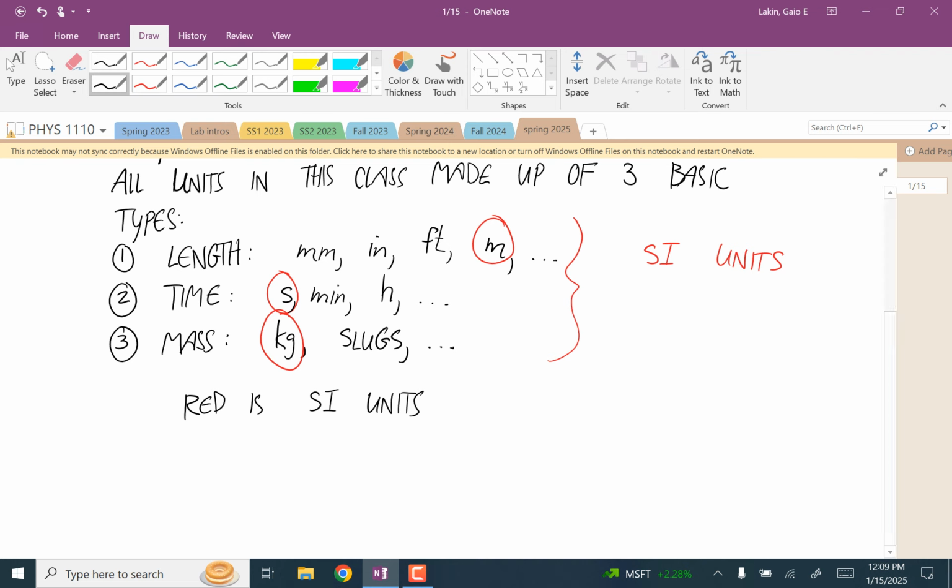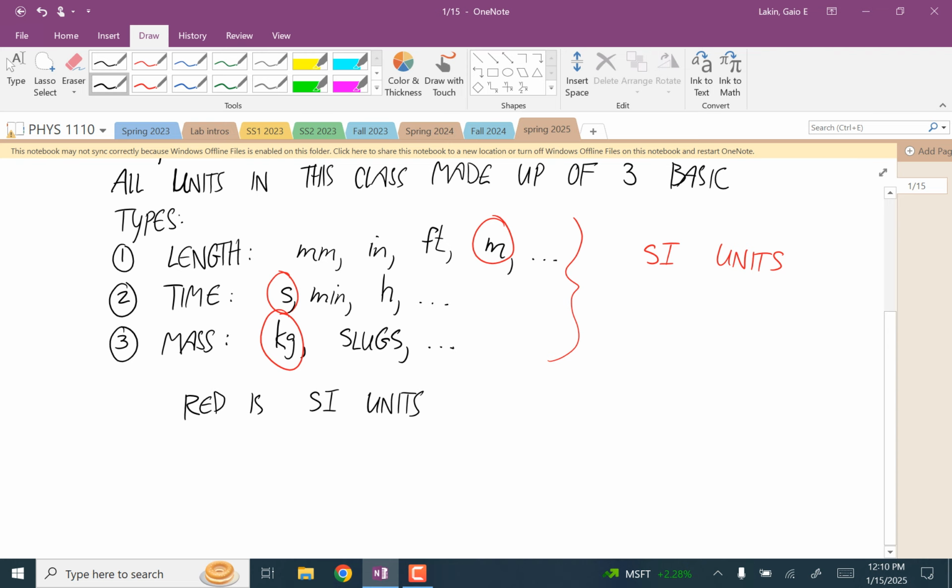These are not the only fundamental types of units. There is also charge. But in this class, we're not going to talk about electricity. And so everything that we're going to deal with is combinations of these.